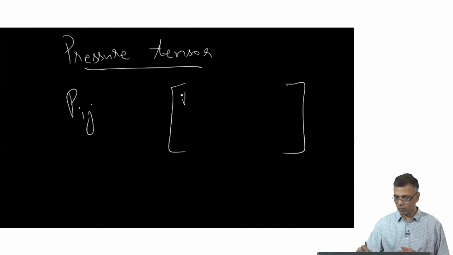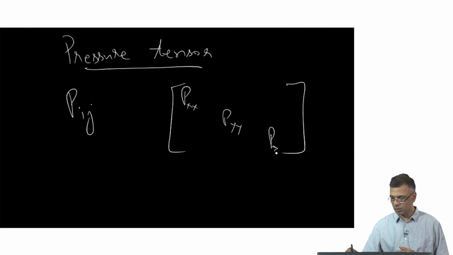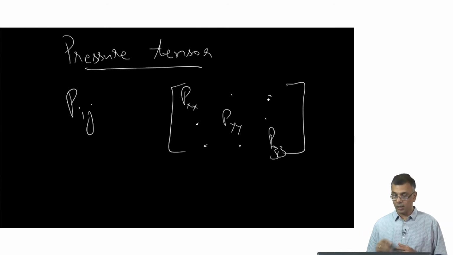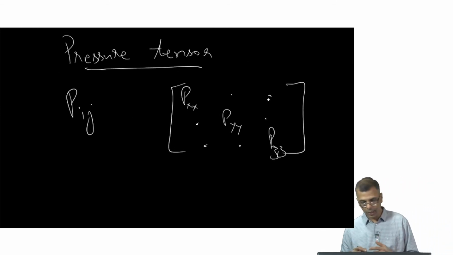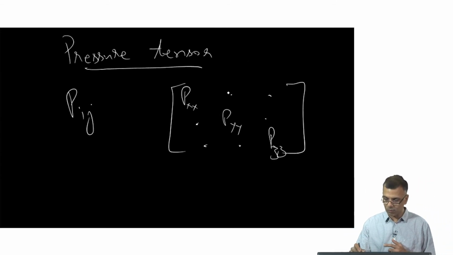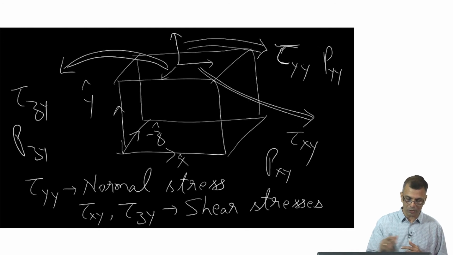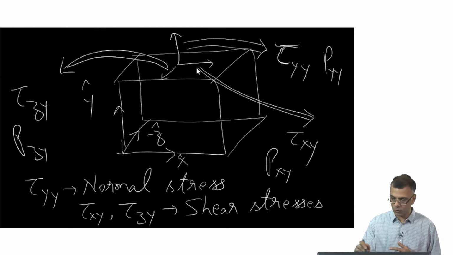You would have a Pxx, a Pyy, a Pzz, and the cross terms here, here, here, here, and here. So, this would be Pxy, Pxz, and so on and so forth. Remember these cross terms Pxy are associated with shears, this one and this one.